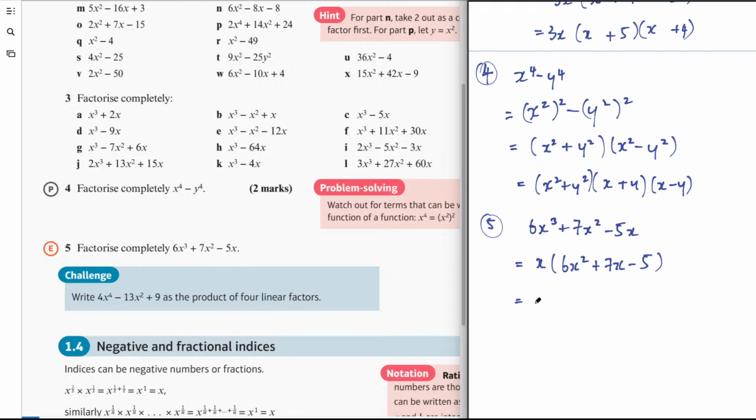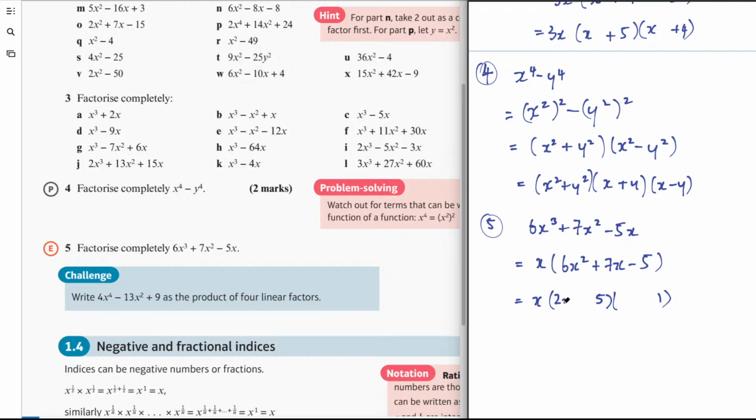So factors of 5 and 6, that makes 7. Well, the only factors of 5 are 5 and 1. What can we multiply by 5? So we could do 10 and 3, that would make 7.